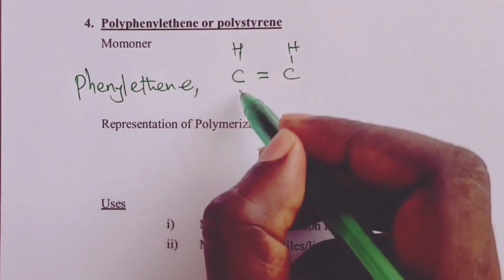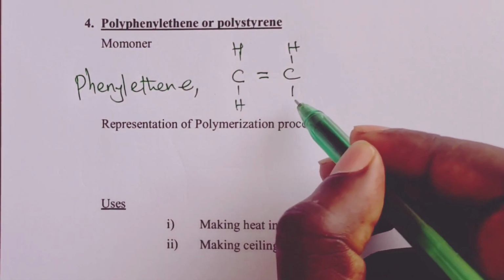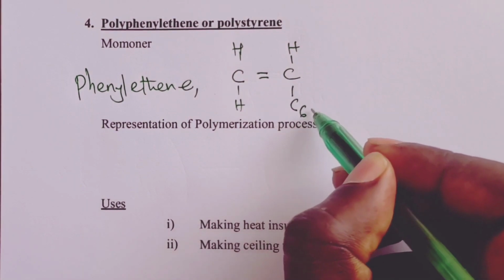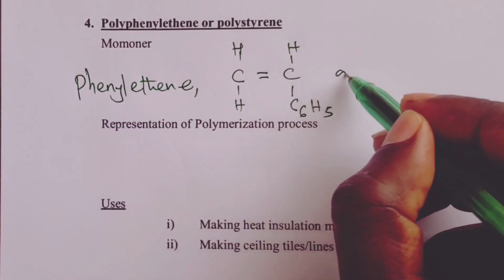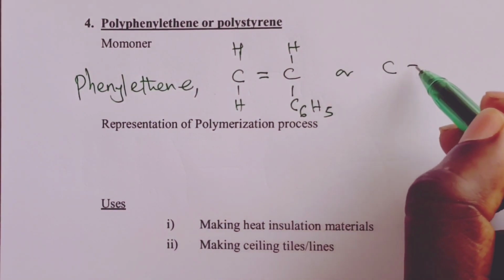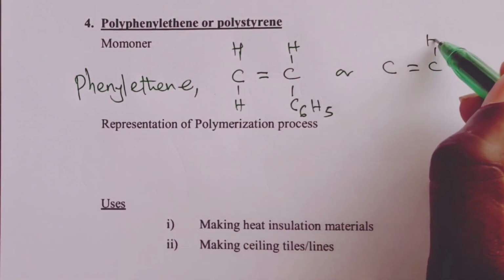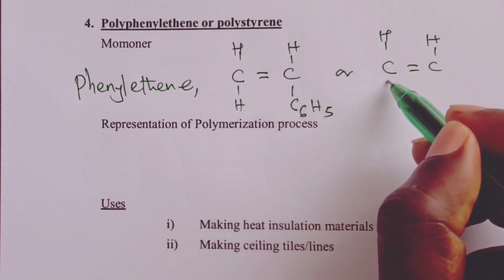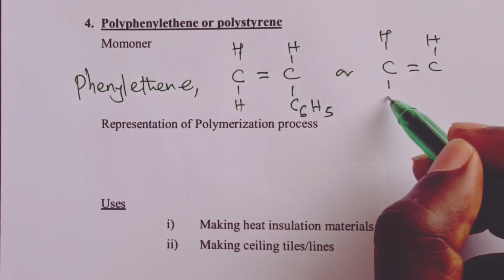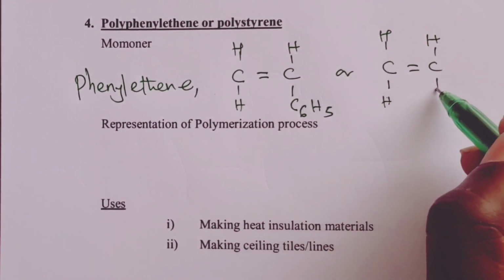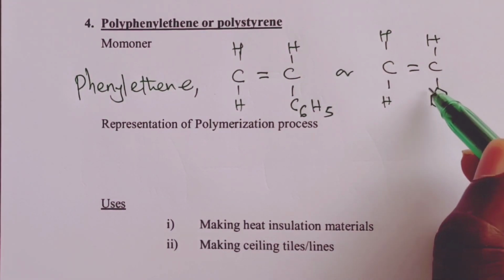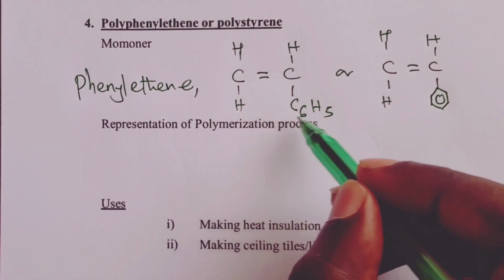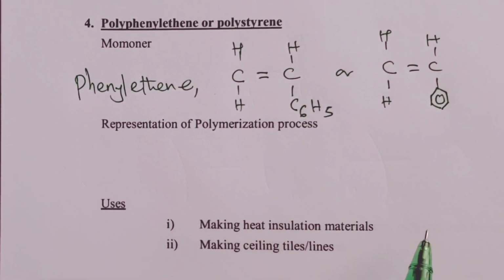We have the phenyl group that can have C6H5 as the structure, or we can actually draw the phenyl group as a cyclic hydrocarbon. So we'll have it here, cyclic hydrocarbon here. This is called the phenyl group. This one here, C6H5.